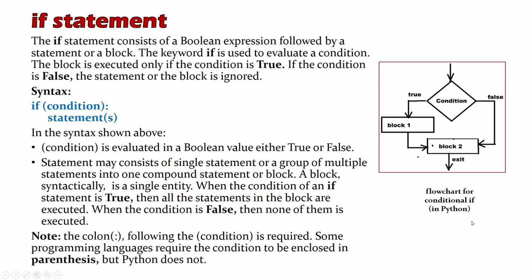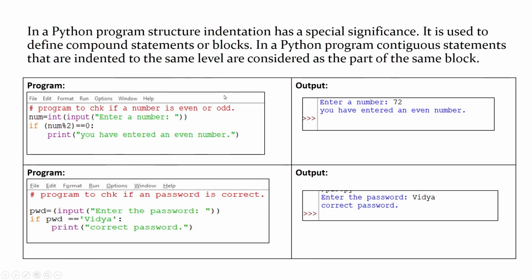Here is a flowchart. You can see this is the condition. If here we have the if statement, then if it is true, block 1 is executed. When it is false, then block 2 will be executed or it will go to the next line of the program. In a Python program structure, indentation has a special significance.